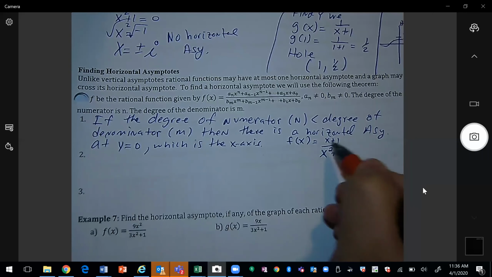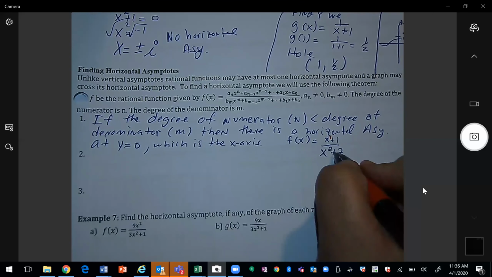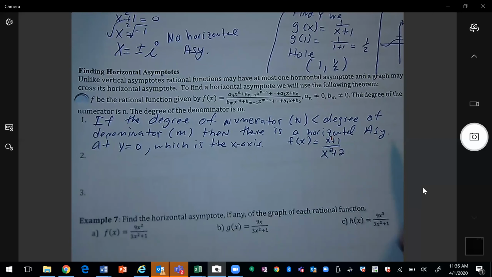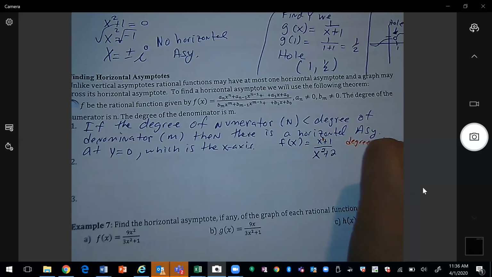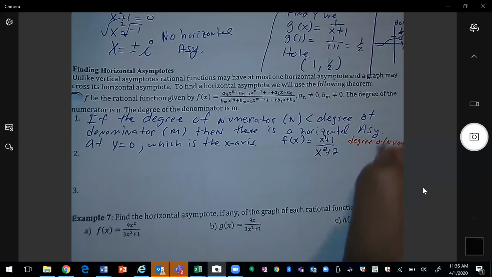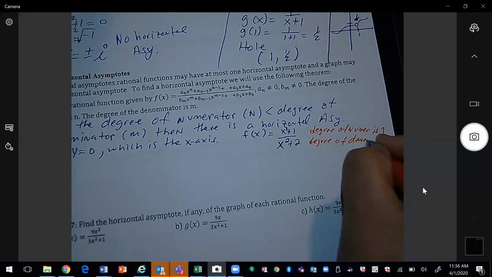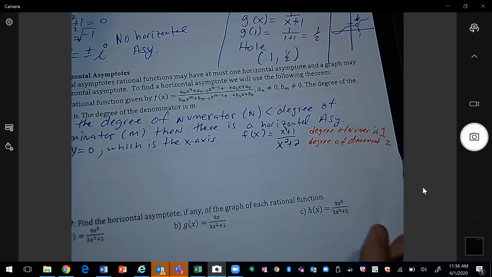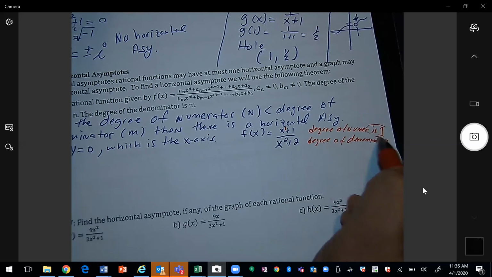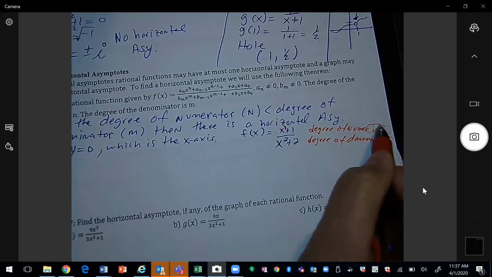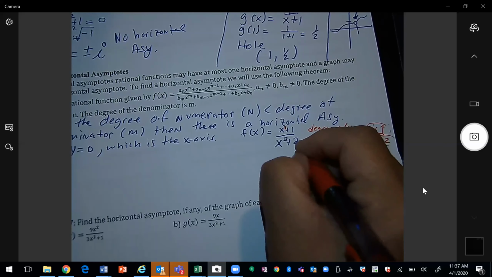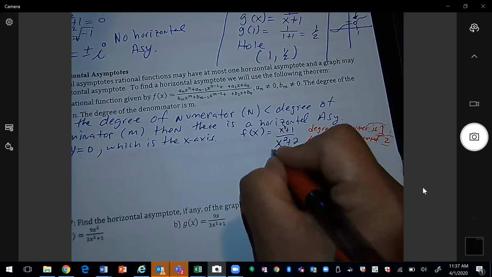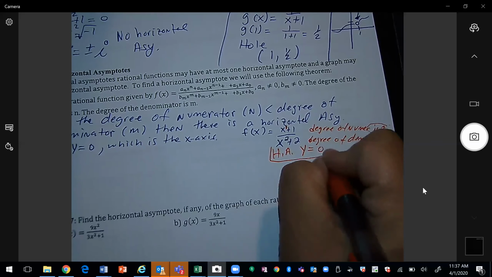The degree of x here is 1, and the degree here is 2. So the top one is smaller than the bottom one, so automatically we say that this problem will have a horizontal asymptote at y equals 0.